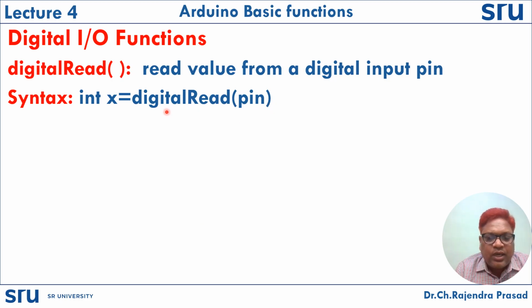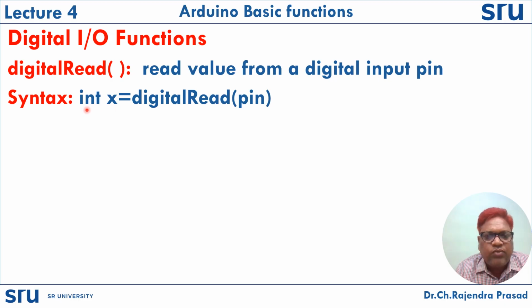We are reading the data with the help of digitalRead, so you need to store it in some variable within the microcontroller, the ATmega328P microcontroller. That means you need to define a variable with its data type. Whatever value you are reading from the pin is stored in the variable. Normally, digitalRead gives either 0 or 1.